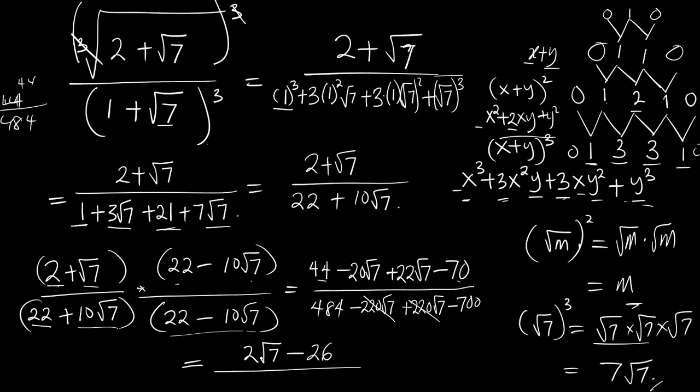We're going to have this minus this, we have minus 216. Then this will cancel out. So now this is what we have. Now let's go back to the next page. Okay, I can still do it here. You have 2 root 7 minus 26 divided by minus 216.